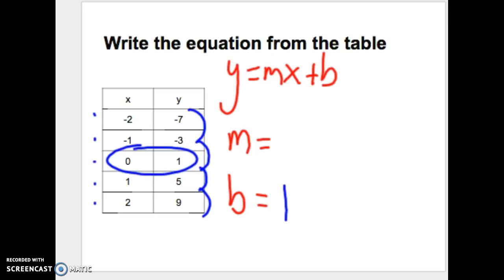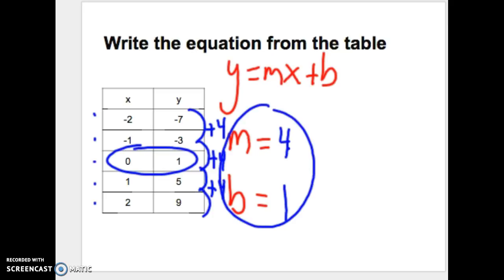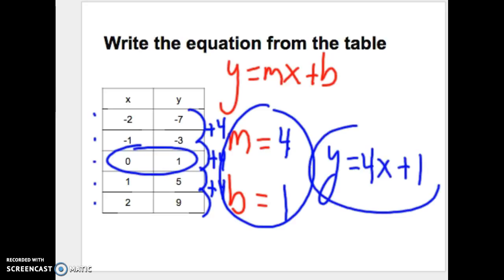To get from negative 7 to negative 3, it's a plus 4, and we see that that's consistent all the way through, making our slope 4. Once we have m and b, it's simply a matter of plugging in the values into their appropriate spot, giving us a final equation of y equals 4x plus 1.